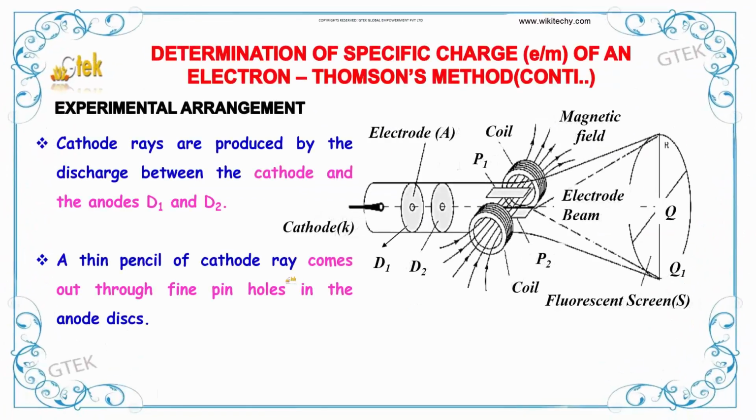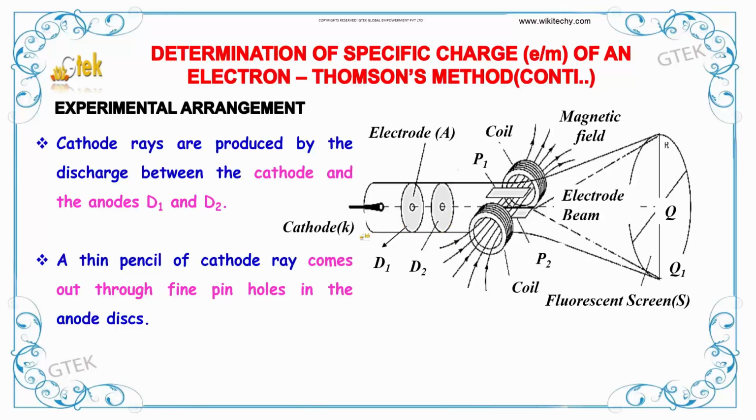So the experimental arrangement is like this: you have the electrodes, this is your coil, and you have your plates P1 and P2. The electron beam is coming here, this is your magnetic field, and this is your fluorescent screen. Cathode rays are produced by the discharge between the cathode and the anodes D1 and D2.